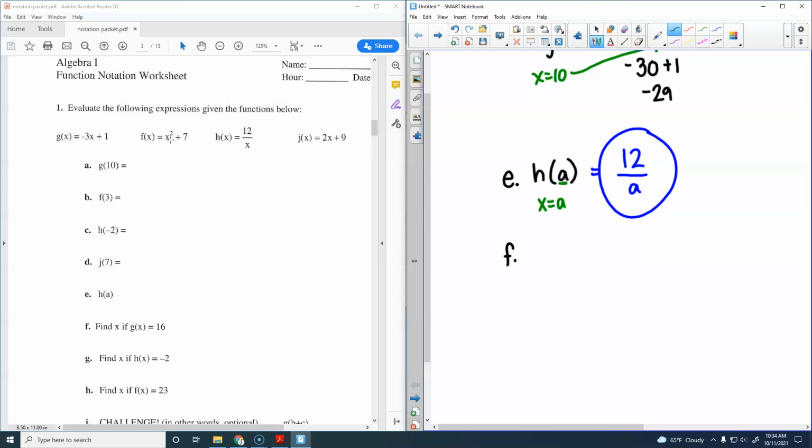Okay, this tells me g of x equals 16, right? g of x equals 16. That's not x equals 16, that's g of x equals 16. So my equation, g of x equals negative 3x plus 1, I'm taking out the g of x, and I'm putting the 16 right here. So it'd be 16 equals negative 3x plus 1.